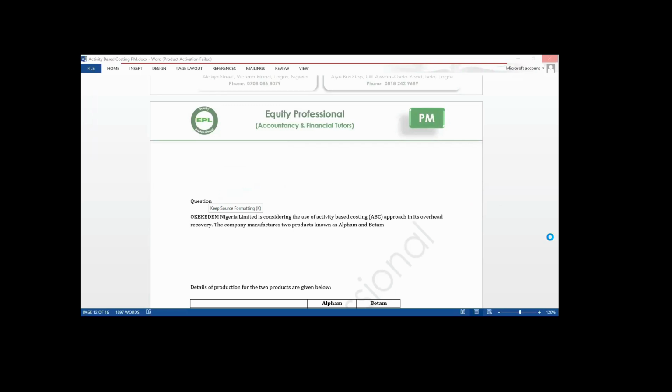All right, we shall be taking question number two on this material. If you check your study pack, you are looking at illustration question 3, page 138. Check page 138. XYZ Limited.